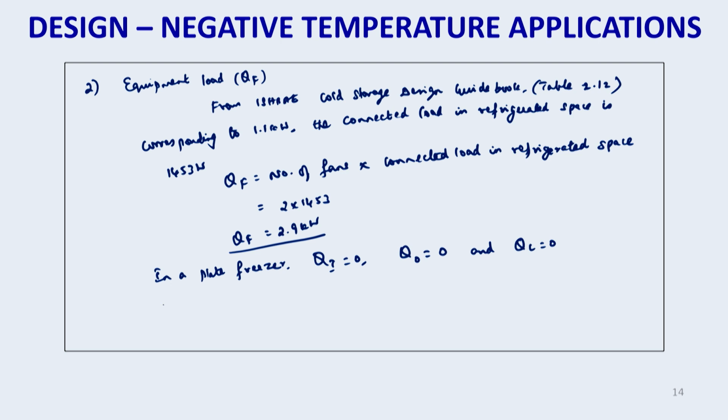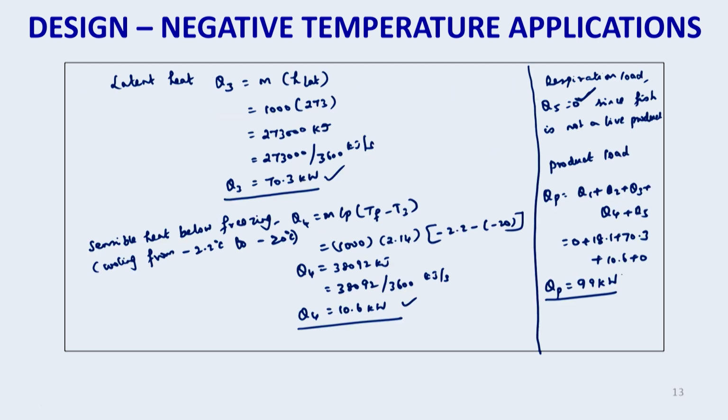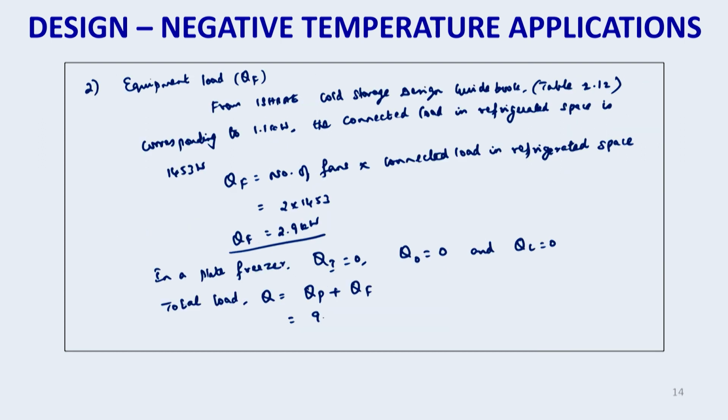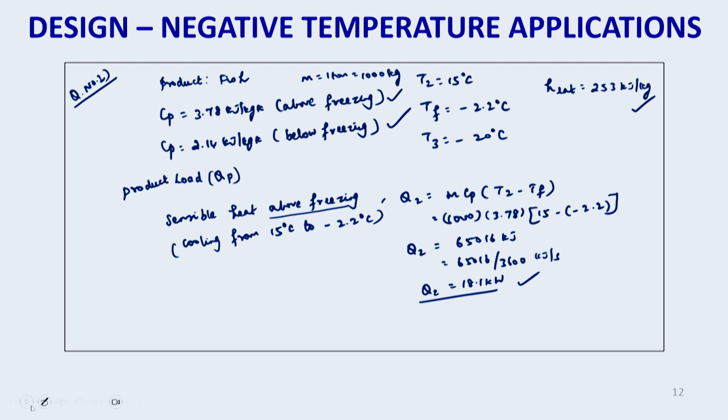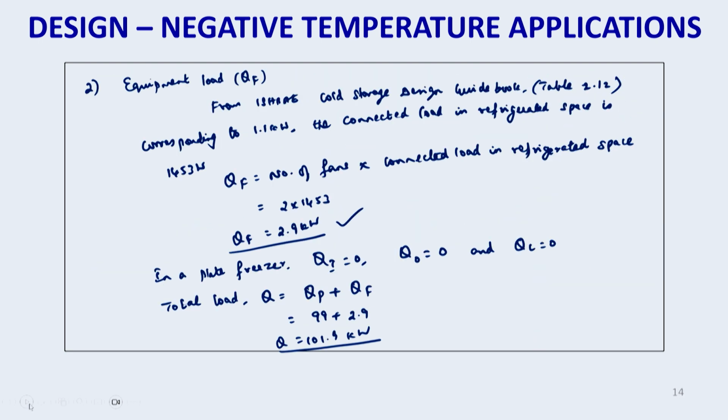So total load is equal to product load plus equipment load. Product load is 99 kilowatts, equipment load is 2.9 kilowatts. So the total load is 101.9 kilowatt, not 1.9 kilowatt. Here transmission load is also not there, so QT is also 0.